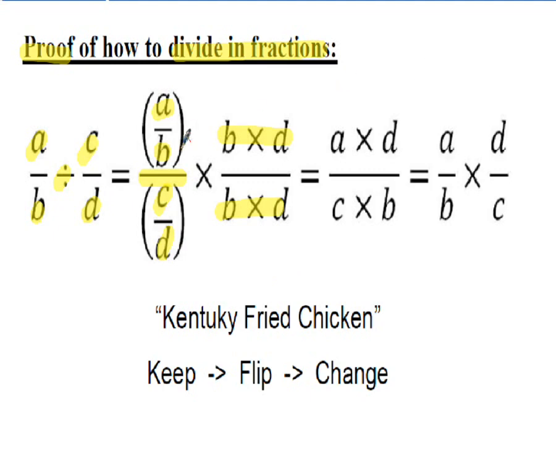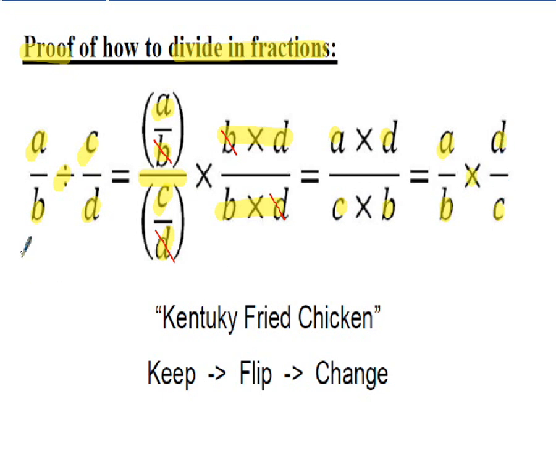What we notice is that on the top line, the b cancels with the b, and on the bottom line, the d cancels with the d. I can then rewrite the fraction as a multiplied by d on the top line, and on the bottom line as c multiplied by b. If I now just slightly rearrange that, I can write that as a divided by b multiplied by d divided by c.